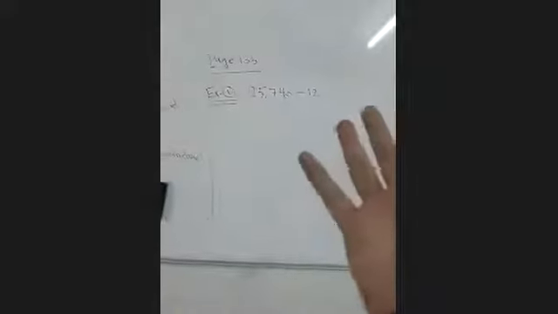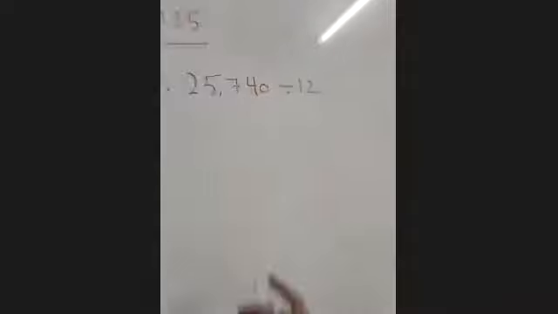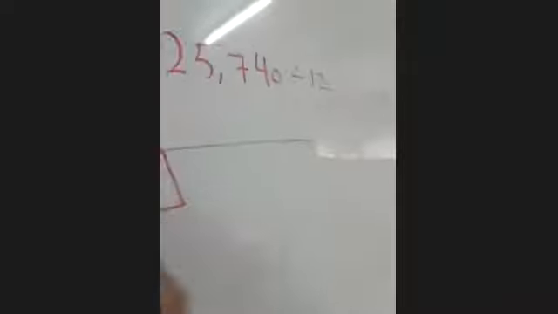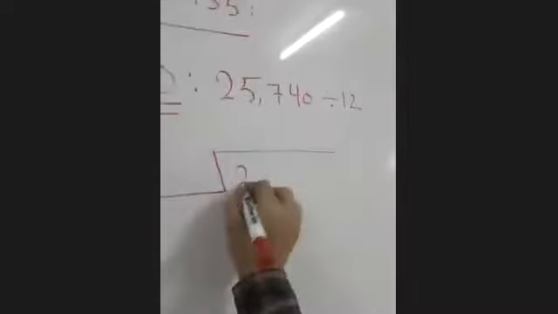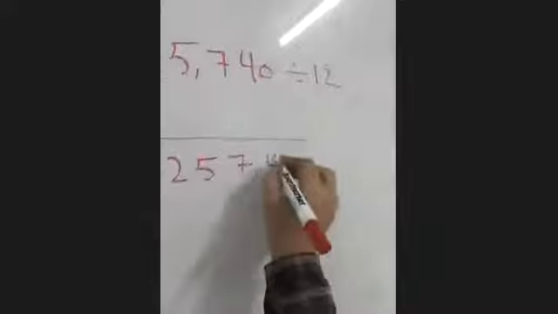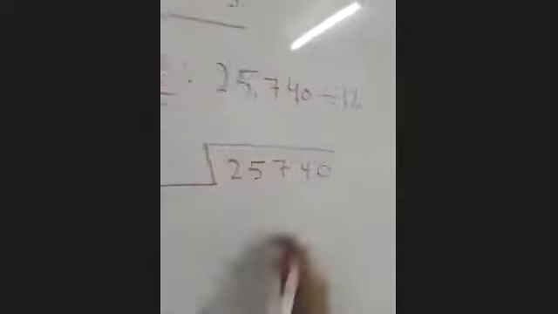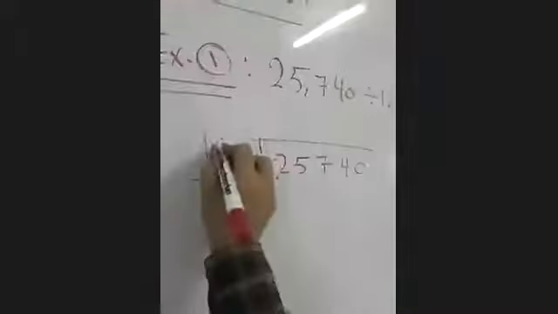Now, no one can divide mentally like this one. Here you need to make long division this way. This is the dividend, and you put it here, 25,740. The divisor, you put it here, 12. And how will we start?